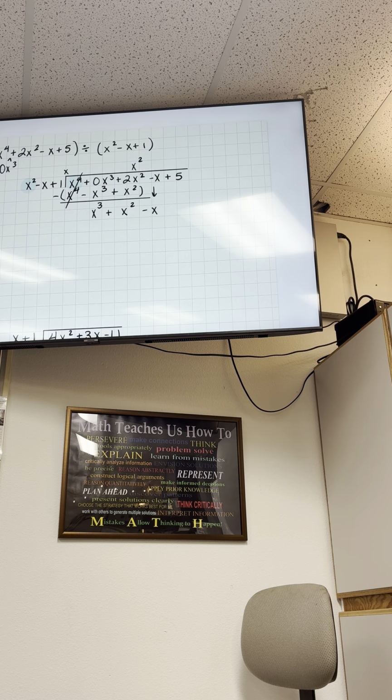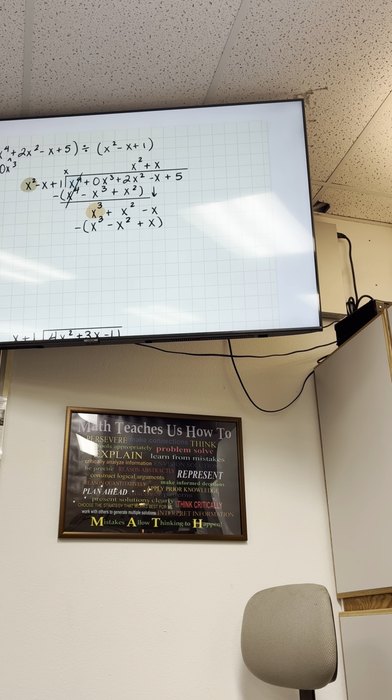Next step, x squared times what would give us x cubed? What do we think? Just x, right? So we've got a positive x up here. So again, we're going to find those products. x times x squared is x cubed. x times negative x is a negative x squared. And then x times 1 is positive x.